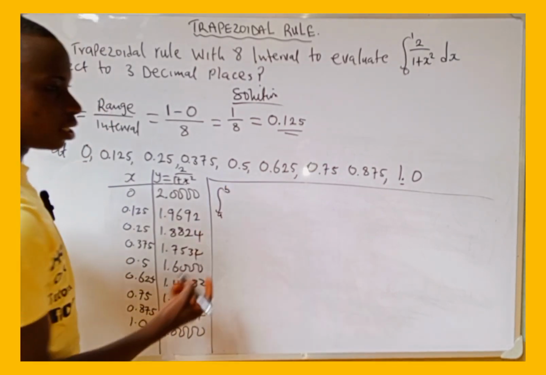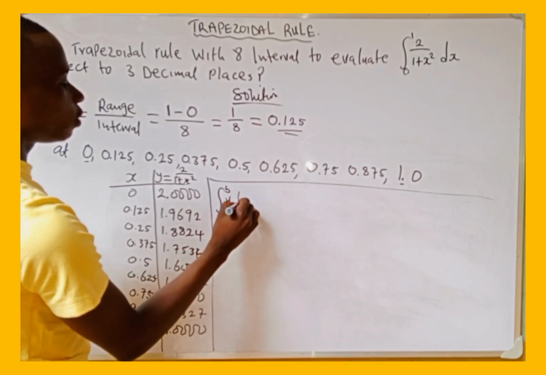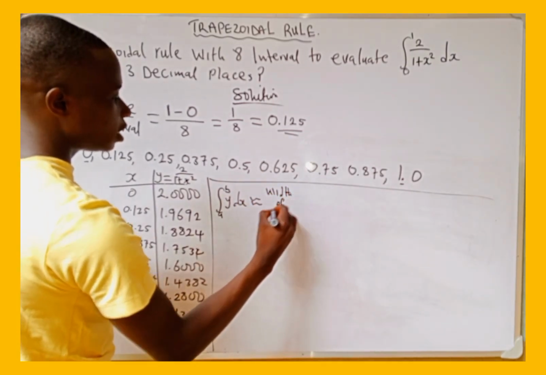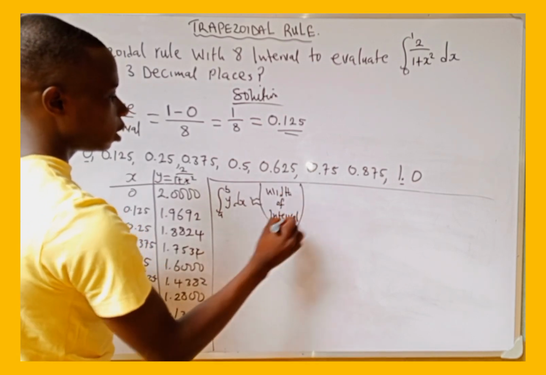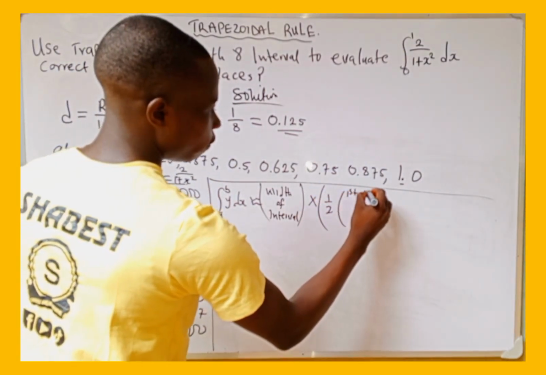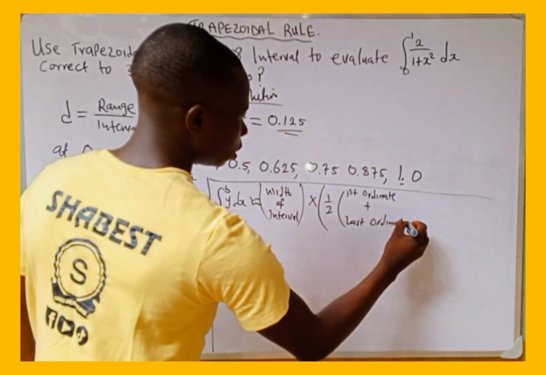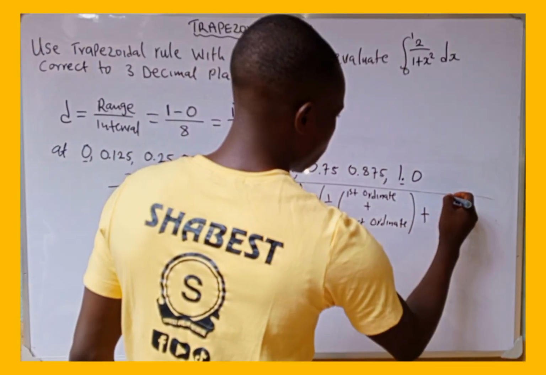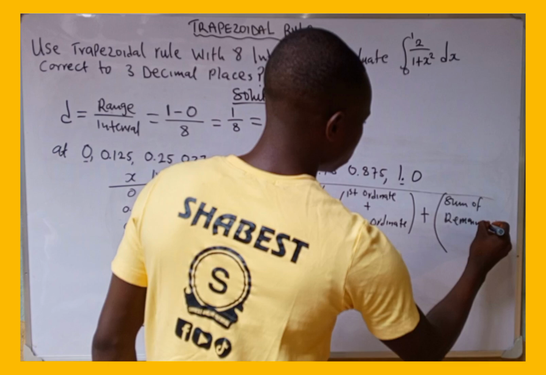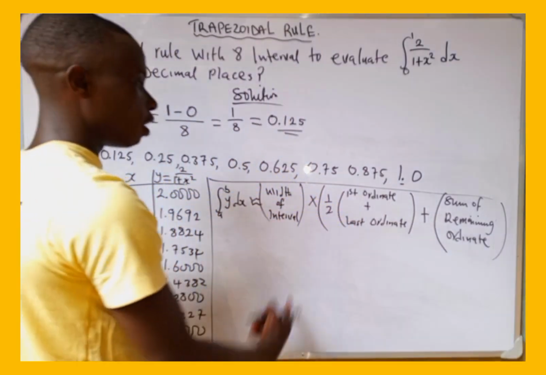Integral from a to b, this is the interval, the lower limit and the upper limit, of the function with respect to x, approximately the width of the interval, then multiply by, you open another bracket, half of the first ordinate plus last ordinate, then plus, you open another bracket, sum of the remaining ordinates. So this is the trapezoidal rule formula used to evaluate integrals.